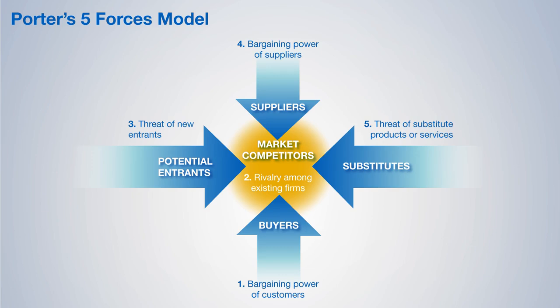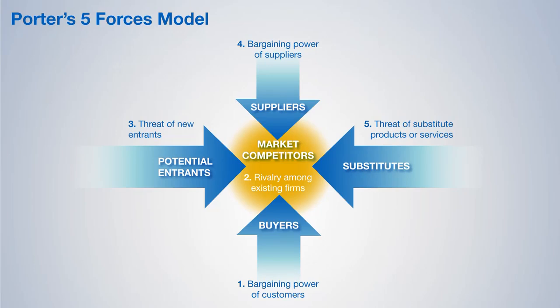And the 5 Forces model looks at 5 specific factors that help determine whether or not a business can be profitable based upon other businesses and players in the industry. Porter regarded understanding both the competitive forces and the overall industry structure as crucial for effective strategic decision making.